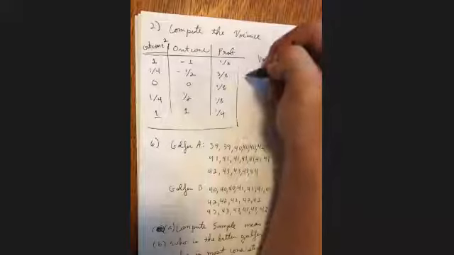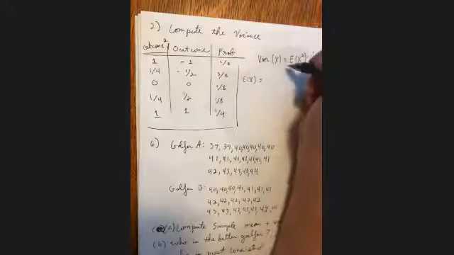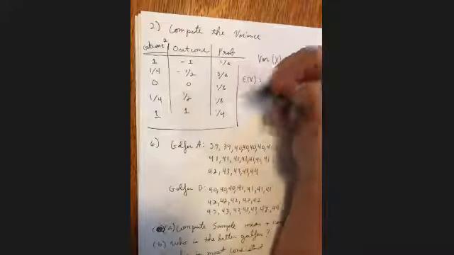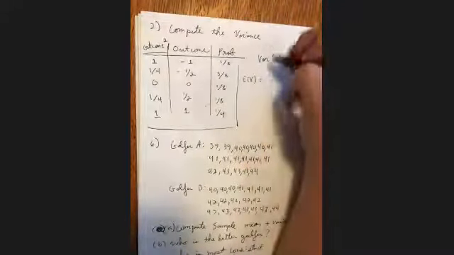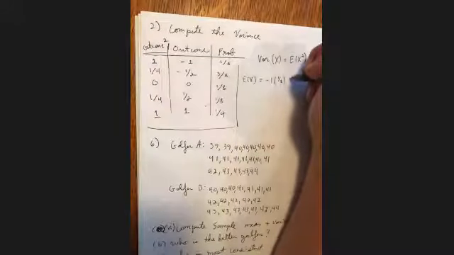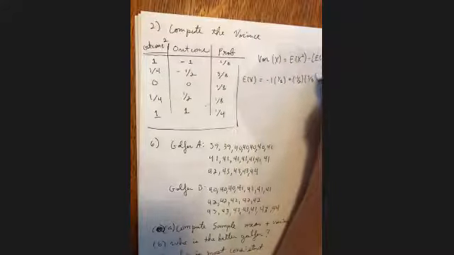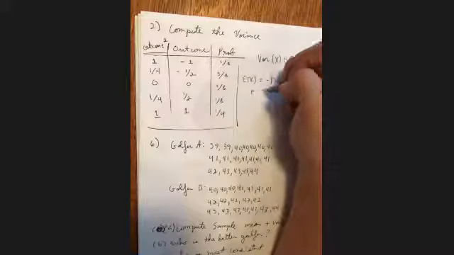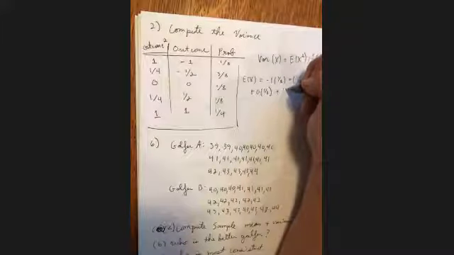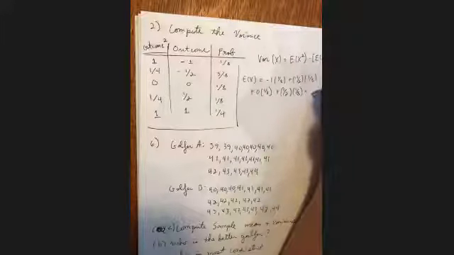First we find the expectation of x, which is the mean. There we're just taking the outcomes, multiplying by the probabilities, and adding it all up. So -1 times 1/8 plus -1/2 times 3/8 plus 0 times 1/8 plus 1/2 times 1/8 plus 1 times 1/4.